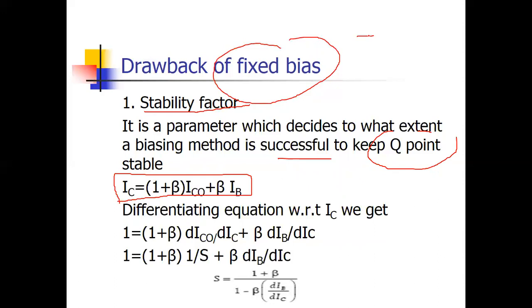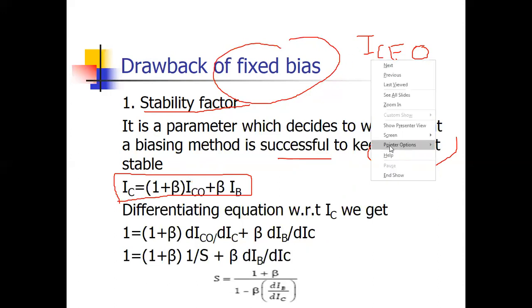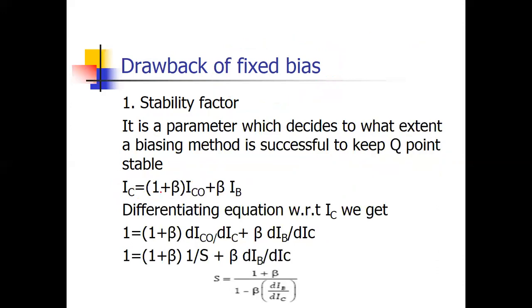This IC naught is ICEO, the collector to emitter leakage current. Or we can say it's a leakage current, IC naught. So as per this equation, IC equals (1 plus beta) IC naught plus beta IB.